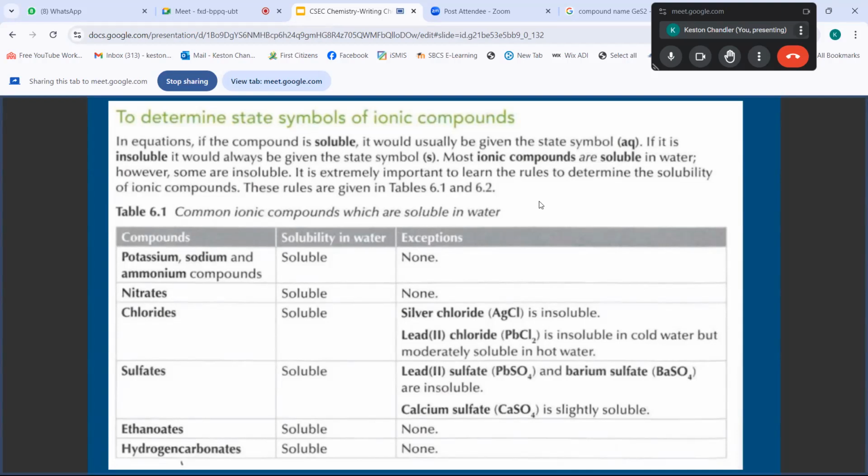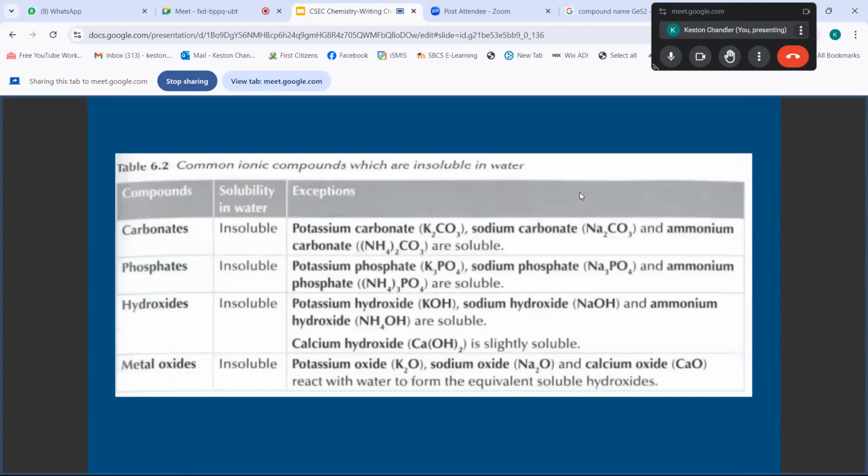So this is another table that you have to learn. Common ionic compounds which are insoluble in water, right? So we have solubility in water: carbonates are insoluble, phosphates insoluble, hydroxides insoluble, metal oxides insoluble. Of course, there are exceptions. The exceptions here are those more reactive carbonates like potassium and sodium, right?